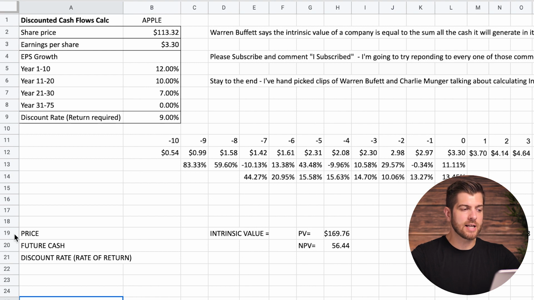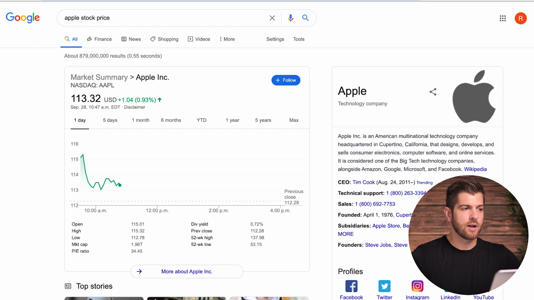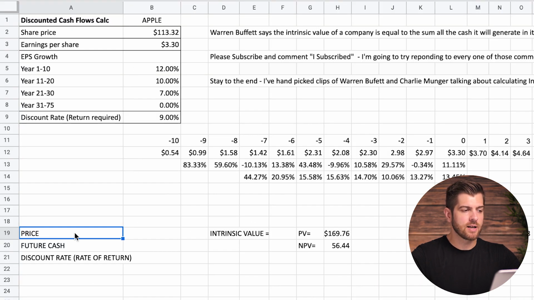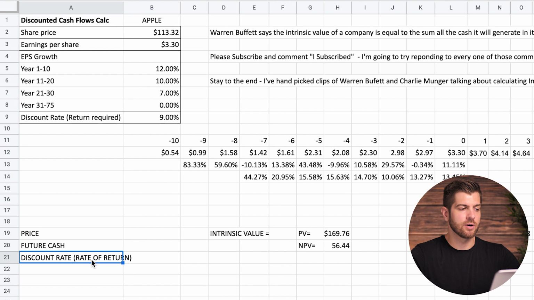So instead of calculating the price using an estimate of future cash and an estimated discount rate, since we have the price, it's a given, you can get it right here from Google, remember. Since we already have the price and we can make our estimates of future cash, then we can use the IRR formula to calculate the discount rate, aka the rate of return, rather than using the net present value to calculate the price using an estimated discount rate. So here's how that looks.